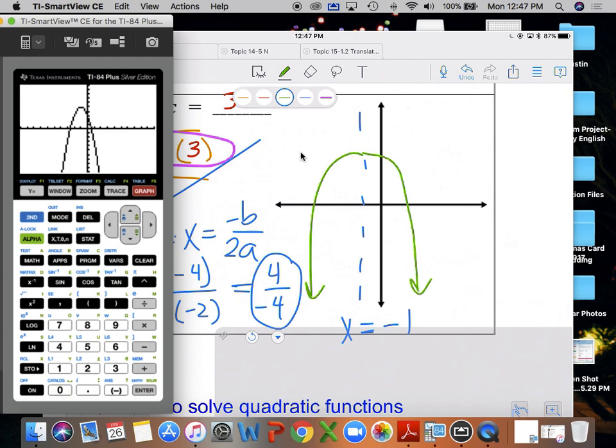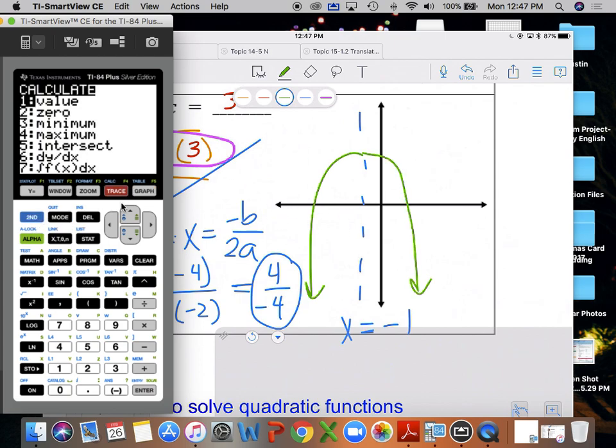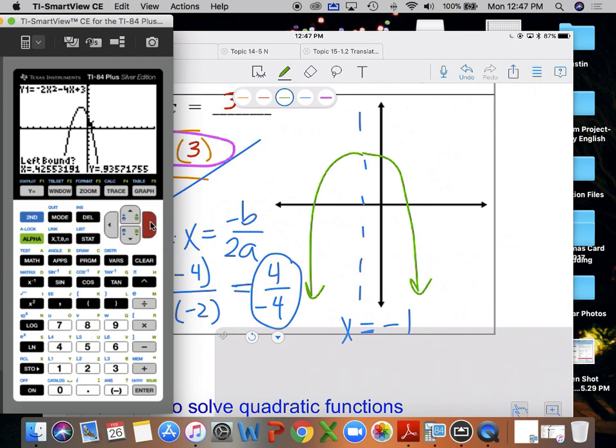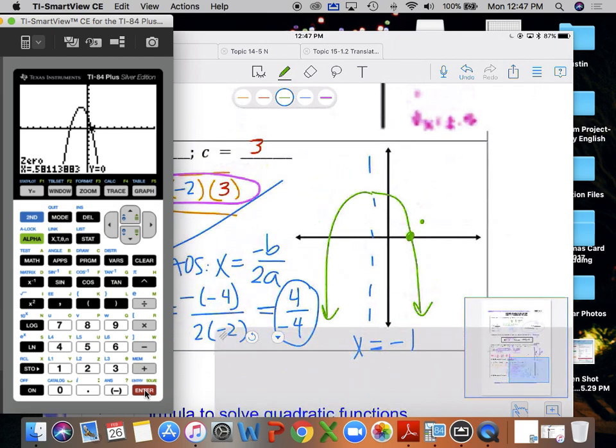And then to find these as decimals, second trace 2, go to the x-intercept you want, slide to the left, enter, go back to the intercept, slide to the right, enter, enter. So this is the ugly decimal, 0.581.